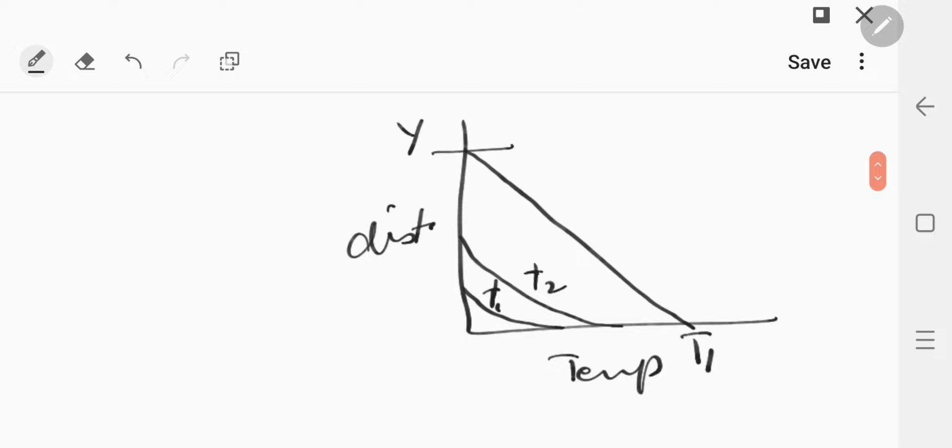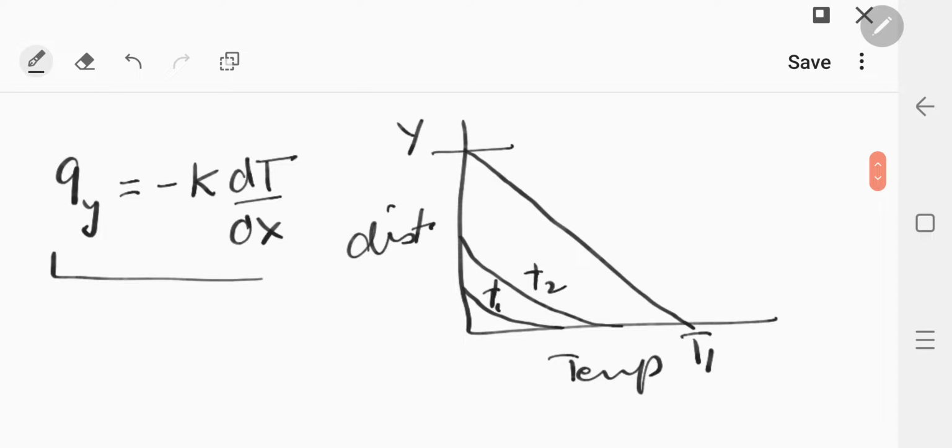So we can say that the flux in the y direction will be nothing but minus k dT by dy. Clear? Now this is your Fourier law of heat conduction.